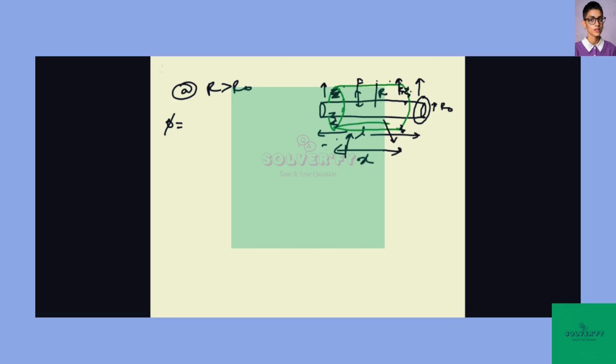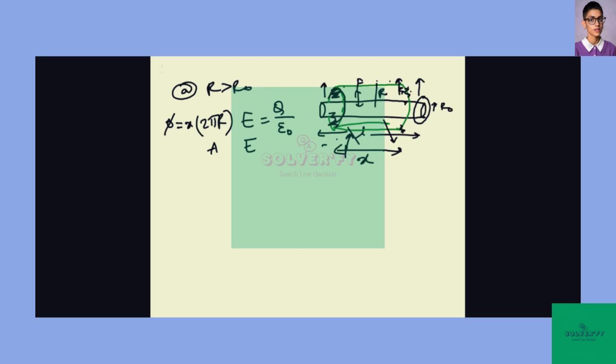The area of this cylindrical surface would be x times the circumference of the circle, which would be 2 pi r. This will be the area. We need to multiply it with the electric field, and we expect the electric field to be the same all over this cylinder because of our cylindrical symmetry. We know that this is equal to charge enclosed divided by epsilon naught.